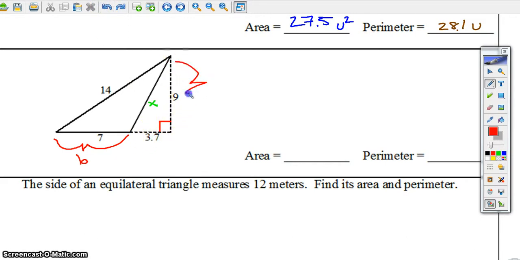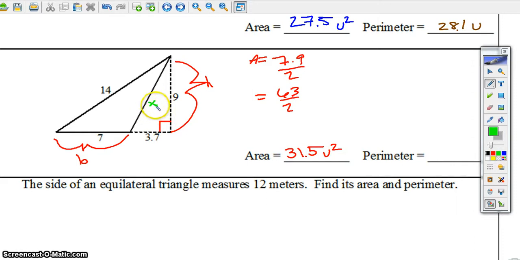So this is going to be my height. When we plug it into the formula, base times height over 2, we take 7 times 9 divided by 2, which is 63 over 2, which is 31.5 units squared.